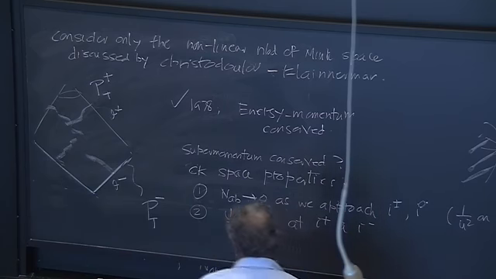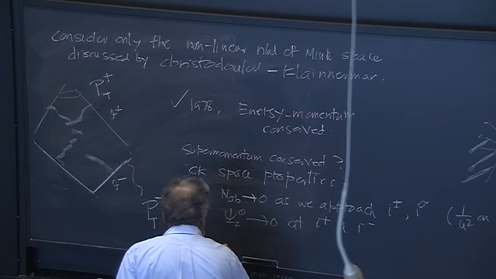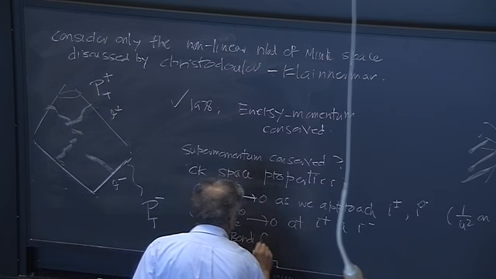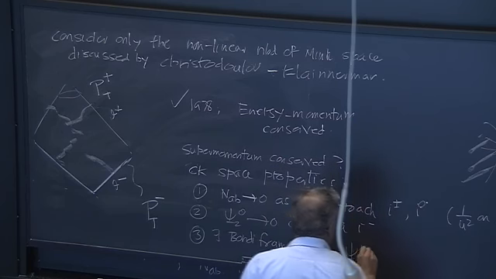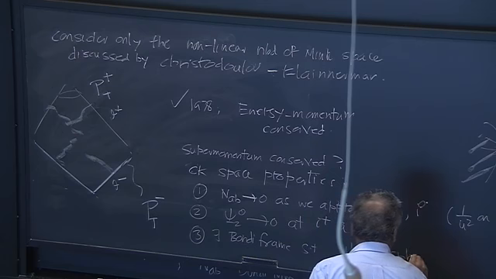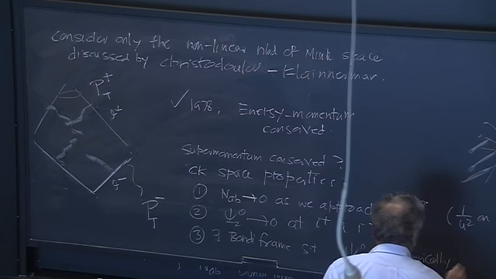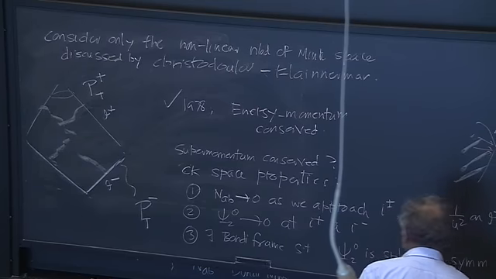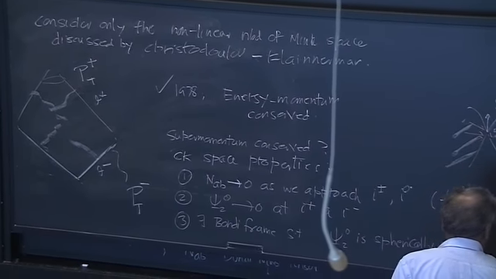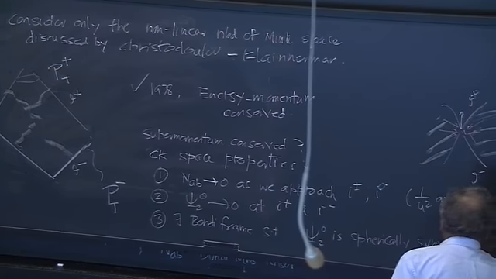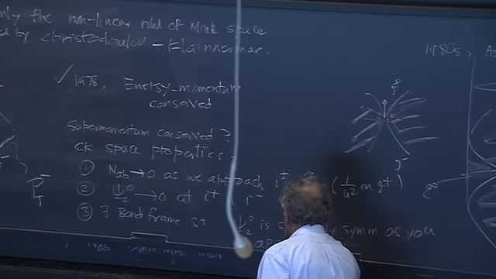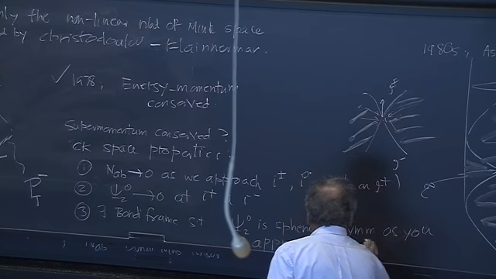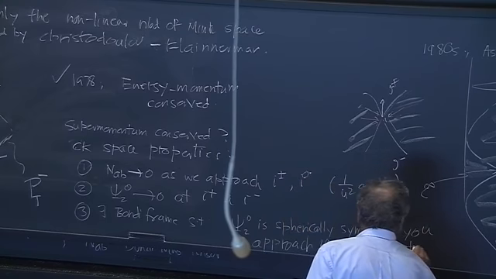So this is true. And the third thing is that there exists a Bondi frame such that psi 2 naught is spherically symmetric at I naught as we approach from Scri plus and Scri minus.